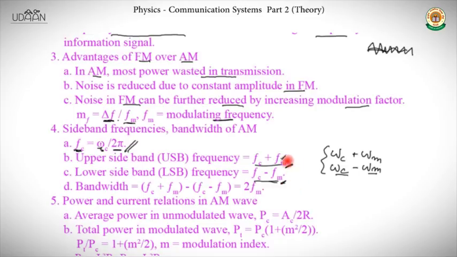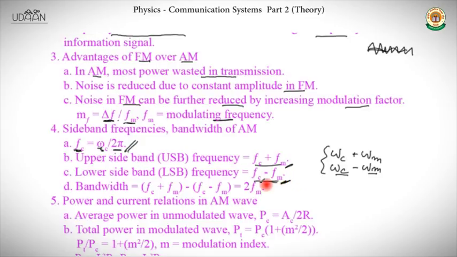This is added, so the frequency increases here. So this is the upper sideband. The lower sideband is subtracted, so it has a lesser frequency. So these are not too difficult. Just remember, upper is due to adding of the message, lower is due to subtracting of the message frequency.